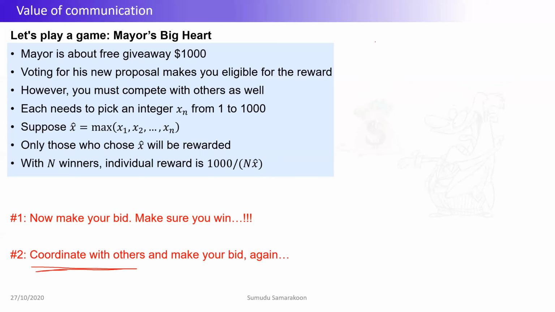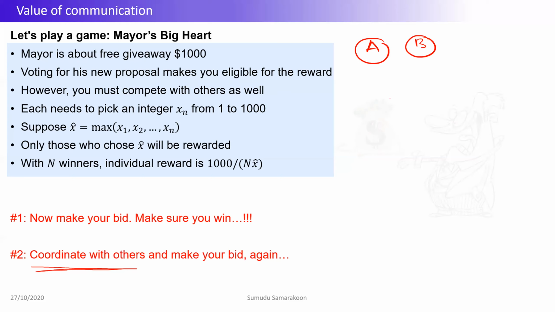Now let's go back to these two users or two players. What you need to do is have the maximum reward you can get without losing. So basically you two agree. Which means if you want to have the maximum reward, the mayor should go empty-handed, in terms of money, right?